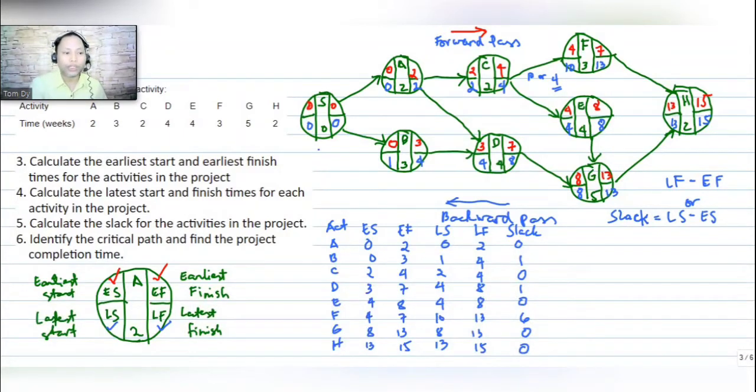If you have noticed our slack, the critical path for this part, there are zeros here. So in our identification of a critical path, we identify 0 in our slack as our critical path.